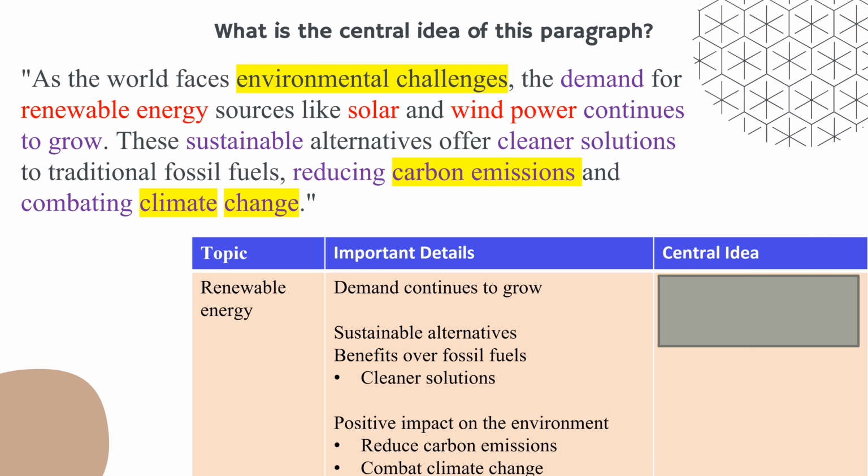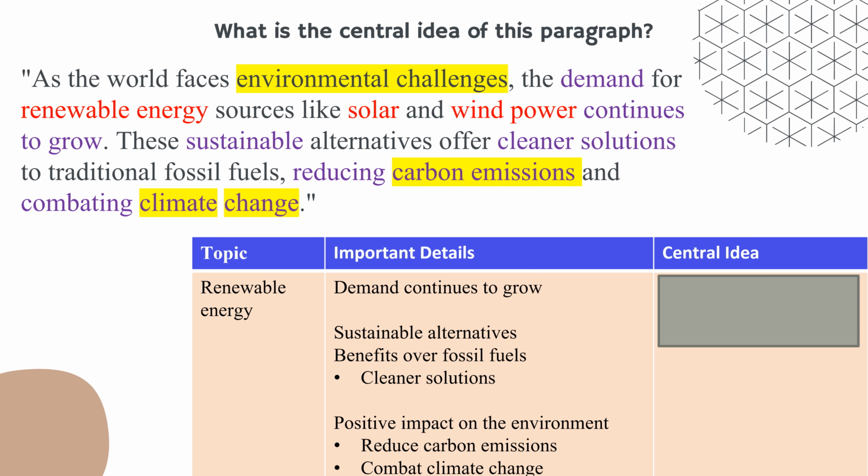So, what's our third step? Our third step is to stop and think and even write out how are these connected? The topic of renewable energy with these details that we listed, what is the main point that the author wants us to know?